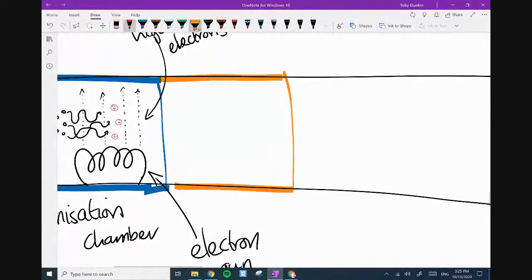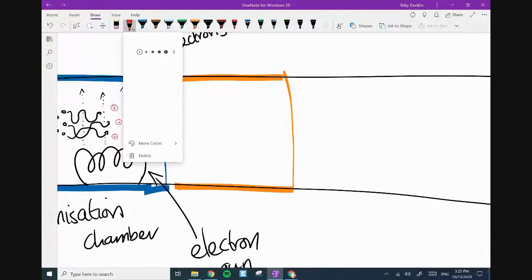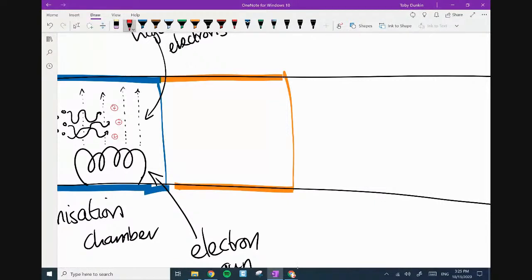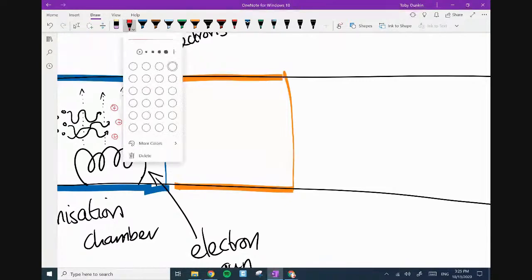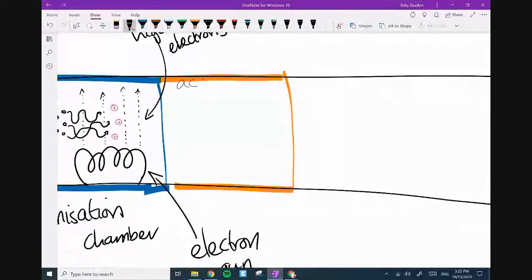Chamber number 2 is called the acceleration chamber. Oh, come on, laptop, stop it. This is called the acceleration chamber. Okay, I shouldn't have written it there.